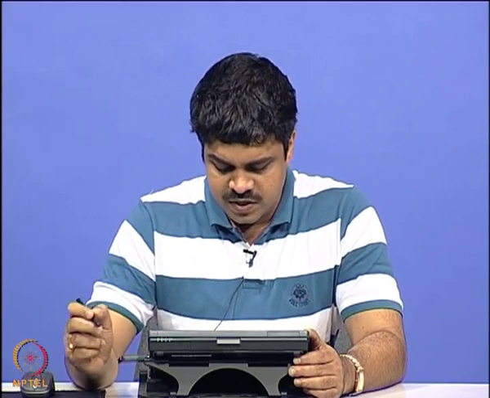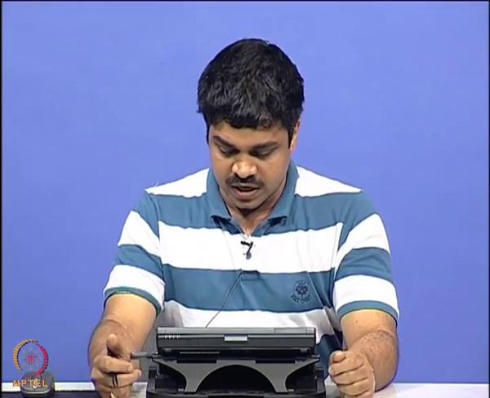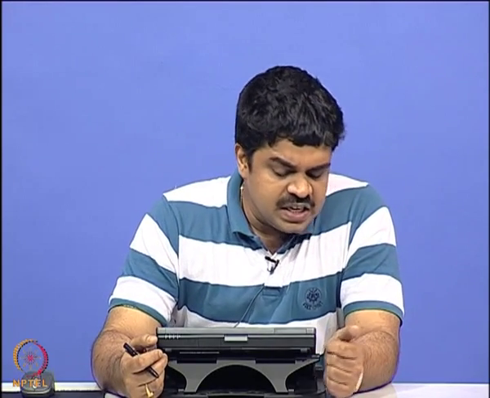So, this is the way we are defining list coloring. We are given a graph, and along with the graph, for each vertex of the graph, we are given a set of colors also. That means essentially to each vertex we are associating a list.